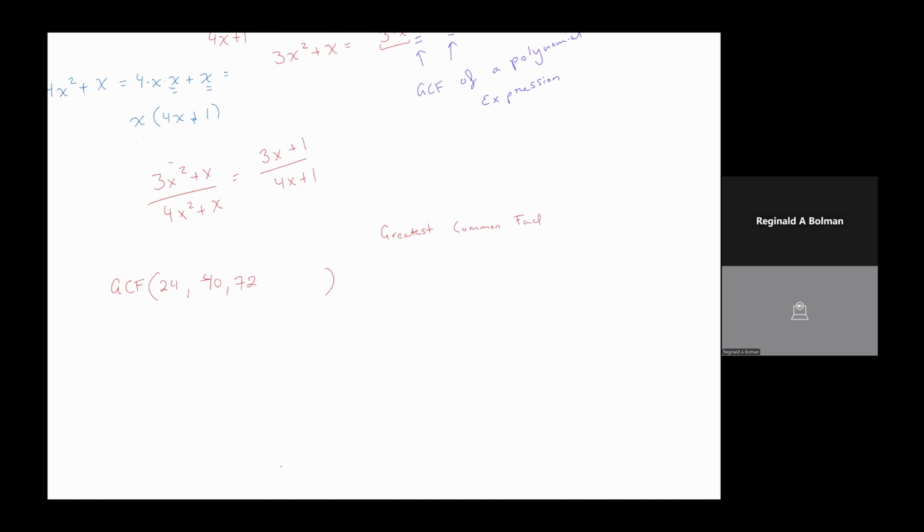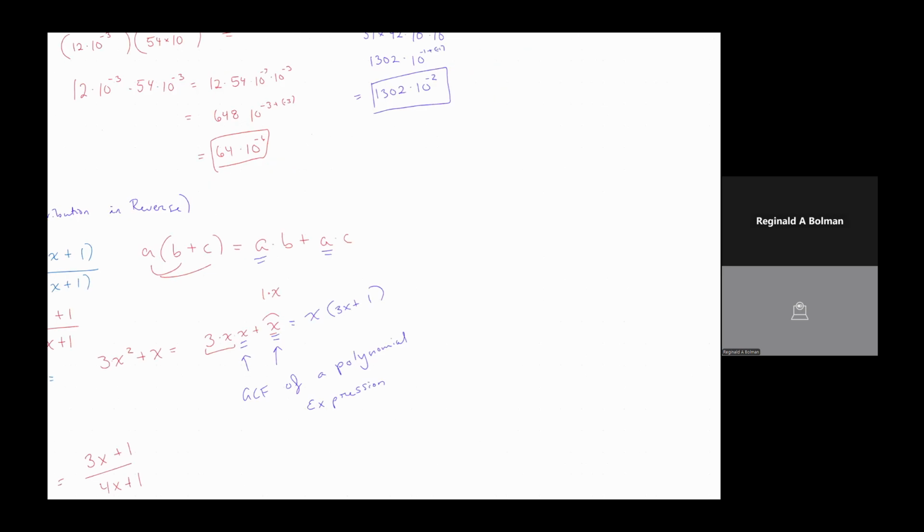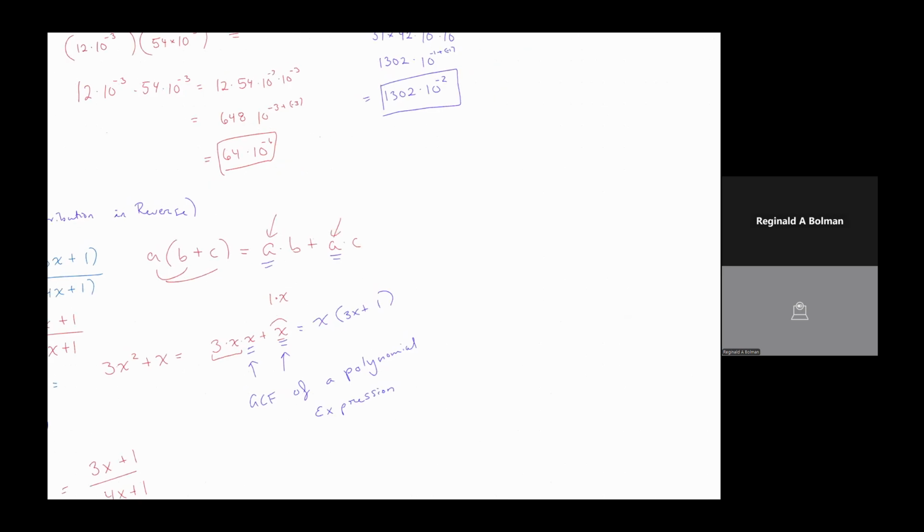What that means is when you calculate the GCF, you're essentially finding the biggest number that you can divide all three terms by. In a math sense, the GCF is this value which will allow you to essentially perform distribution in reverse.